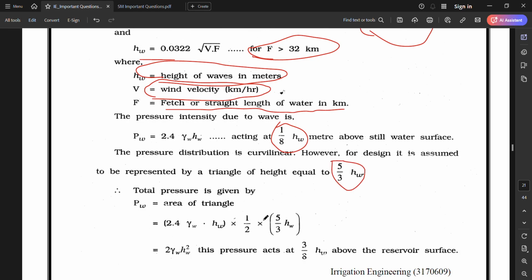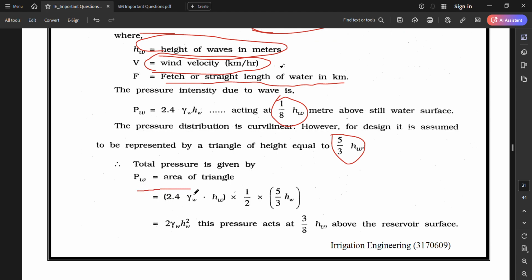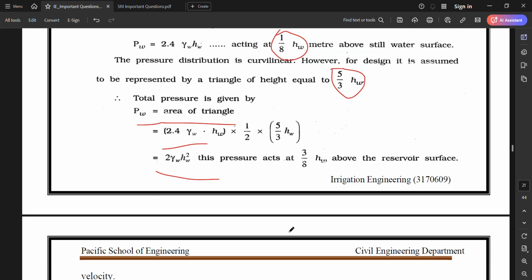The total pressure is given by Pw equal to the area of the triangle, 2.4 into gamma W into Hw into 1 half into 5 by 3 into Hw. So we will get 2 gamma W Hw square. This pressure acts at 3/8 of Hw above the reservoir surface.